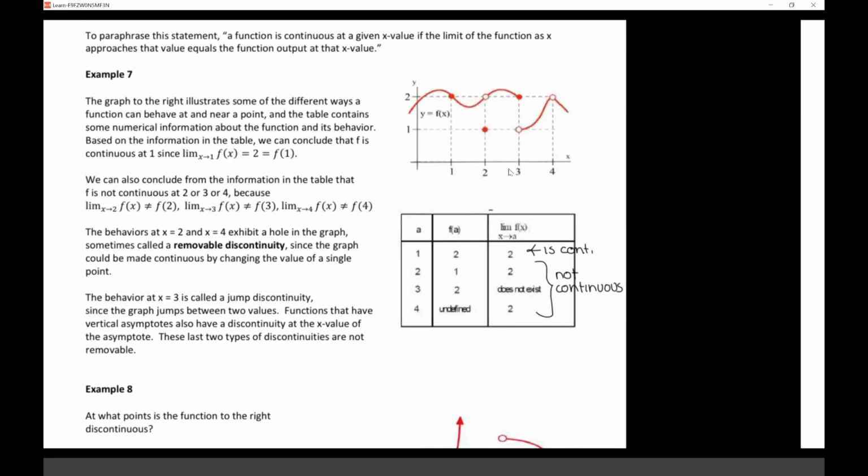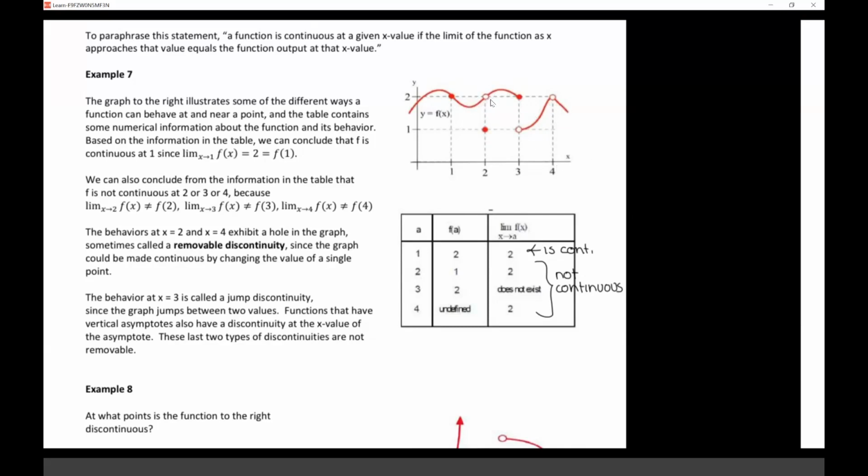Here's some more terminology. At x equals 2 and at x equals 4, we have holes in the graph. We had limit values there. Here the limit was 2, here the limit was 2. As long as you've got a hole, that's called a removable discontinuity, since I could make the graph continuous by getting rid of the hole. It's like putting a patch on a tire.